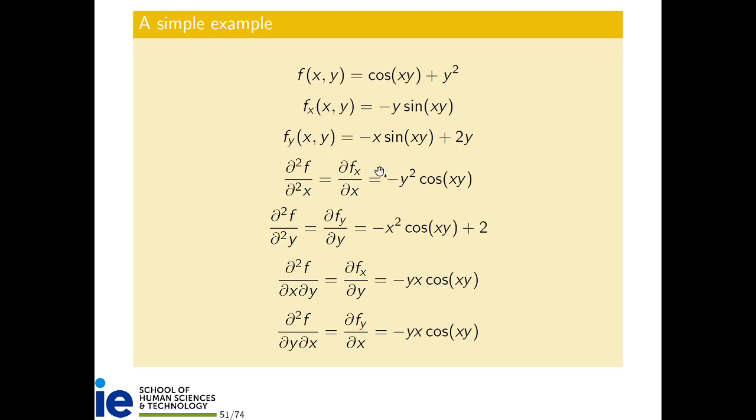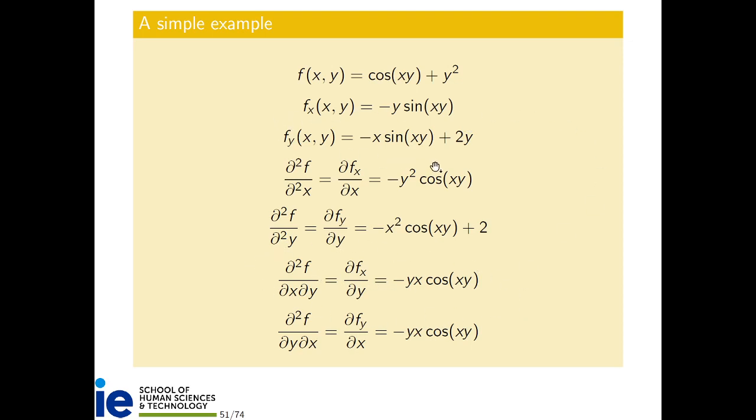Now I can compute the derivatives of these, which would be second derivatives. I can compute the derivative with respect to x of the partial derivative with respect to x, which would be this object here. I could compute the derivative with respect to y of the partial derivative with respect to x, which would be this object here.